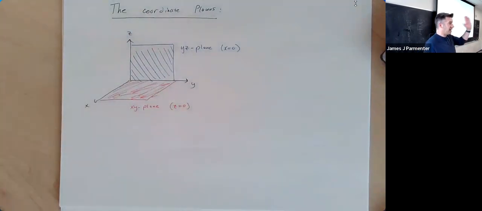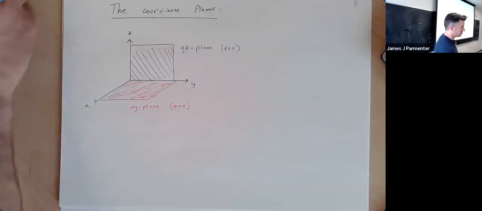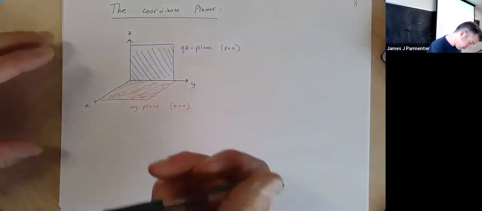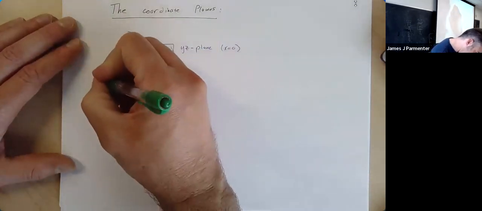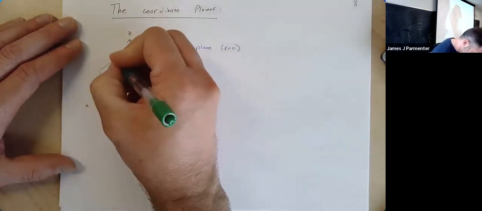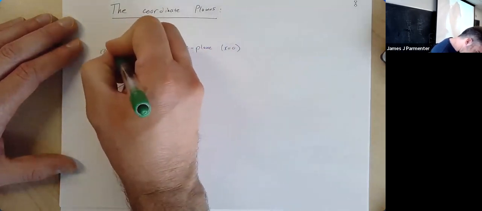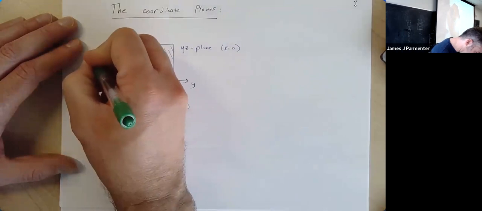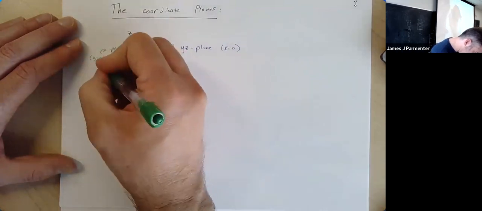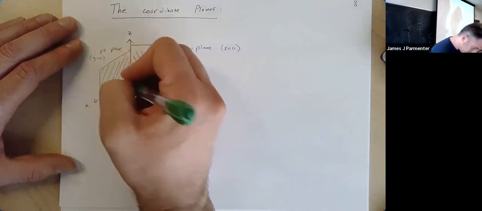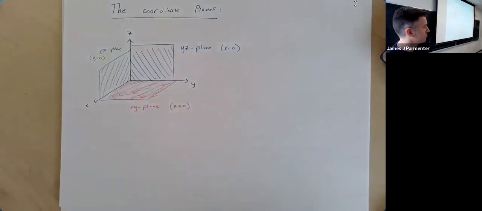The y-axis is just the line x equals 0 in 2 dimensions, and the x-axis is just the line y equals 0. Same idea here, there's just an extra dimension of freedom. And lastly, we have the XZ plane, where y is equal to 0. Great.